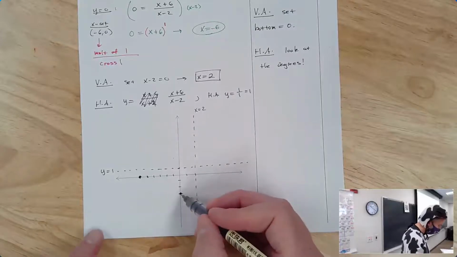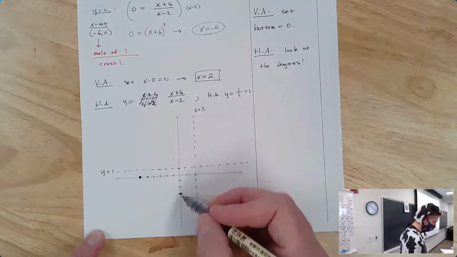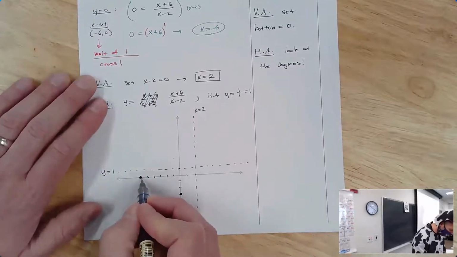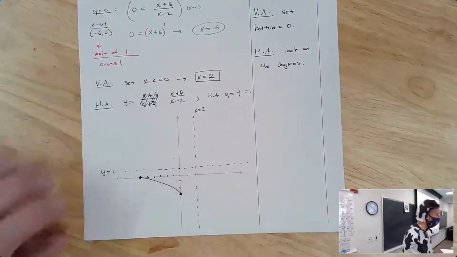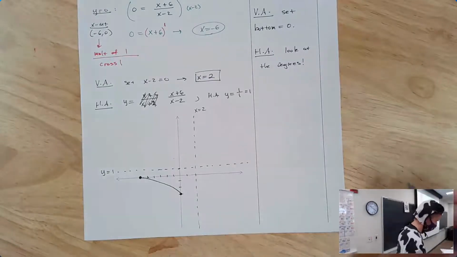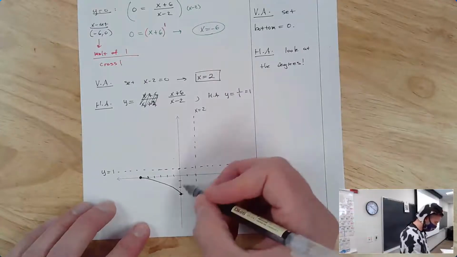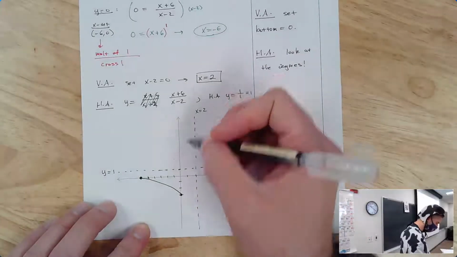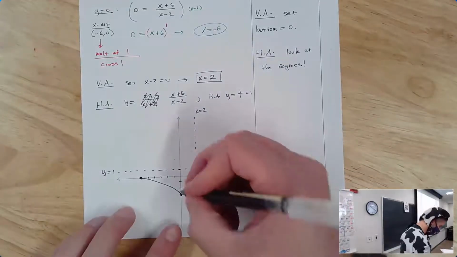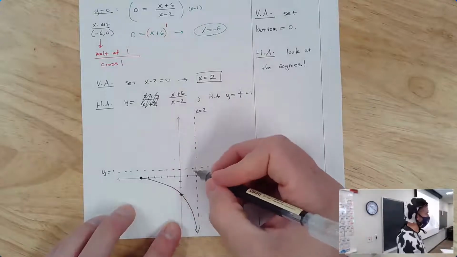If I have to be below the x-axis here, there's no way I can jump above it between here and there. So I know the graph has to kind of do this. There's no other choice. Now, as I continue towards my vertical asymptote, am I going to go really, really positively large or really, really negatively large? It has to be negative. It can't be positive because I can't cross the x-axis.